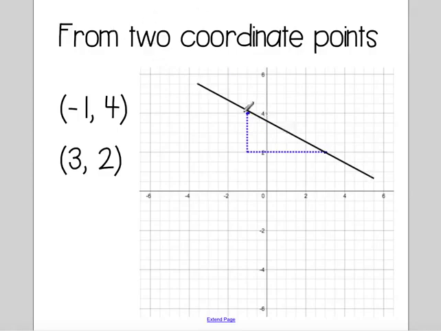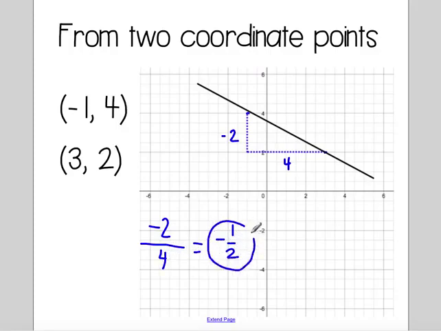So I'm looking here, and this is going from 4 down to 2, so this is going down 2, and this is going from negative 1 to 3, so going up 4. So we have our change in y, which is negative 2 over 4, which is equal to negative 1/2. So there's my slope. And I do want you to simplify. Don't give me a slope of negative 2 over 4, knowing that that is actually equal to negative 1/2.